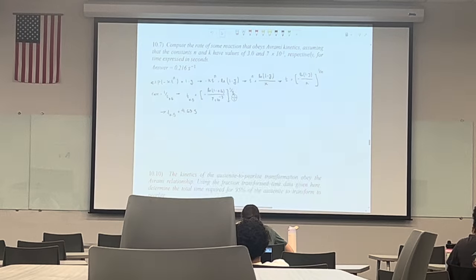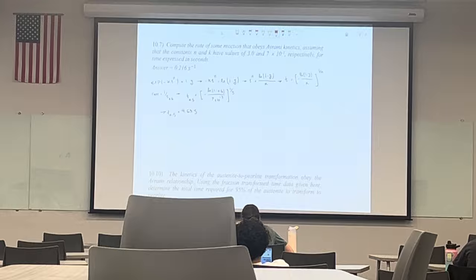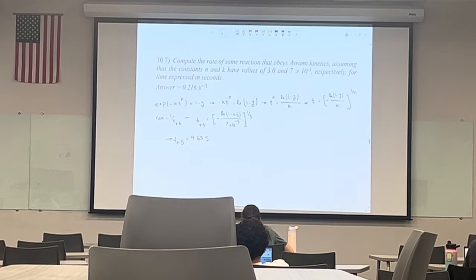So basically, to calculate the rate, we have to calculate the t half. And we know our system obeys the Avrami kinetics, right? It means we can use that equation. So this is the Avrami equation.